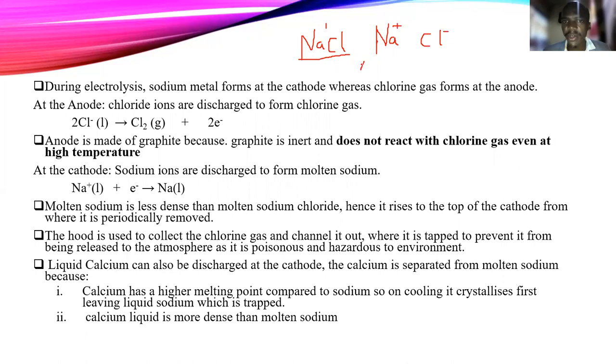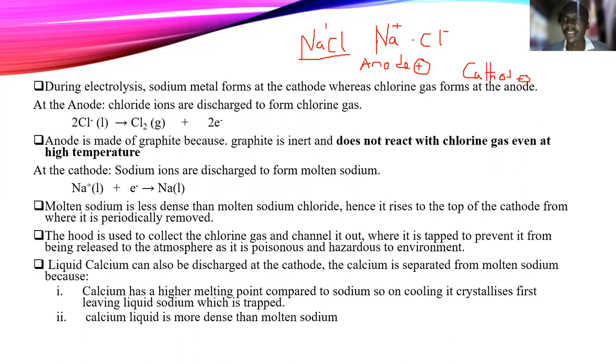We have the anode. This anode is a positive electrode. Then we have the cathode. Cathode is the negative electrode.